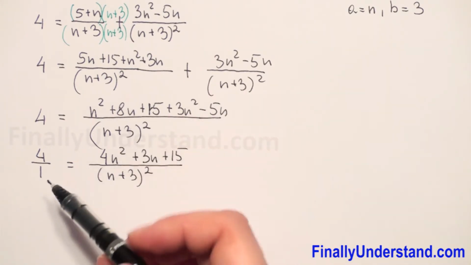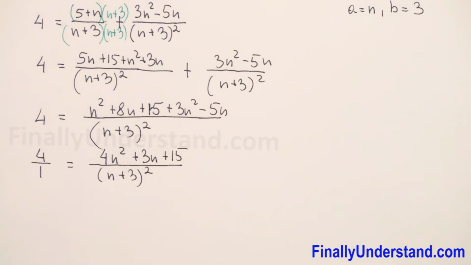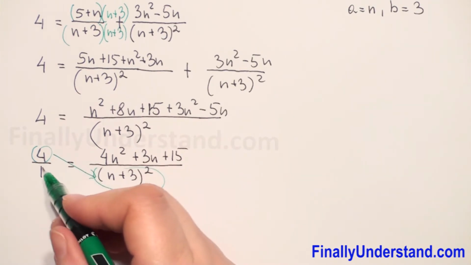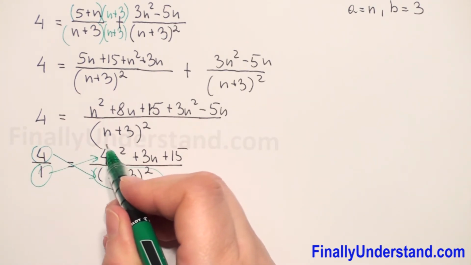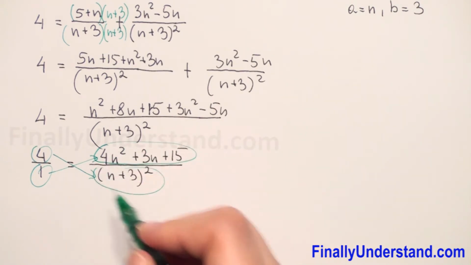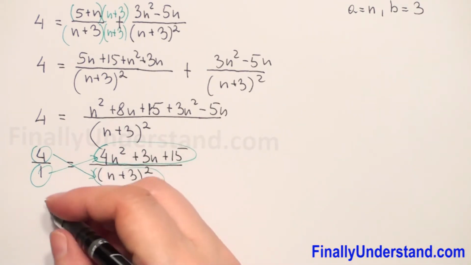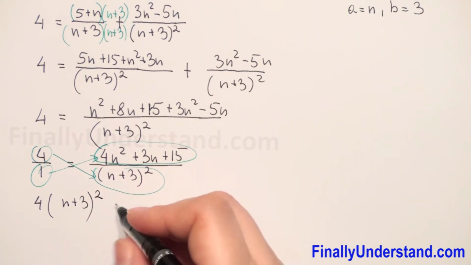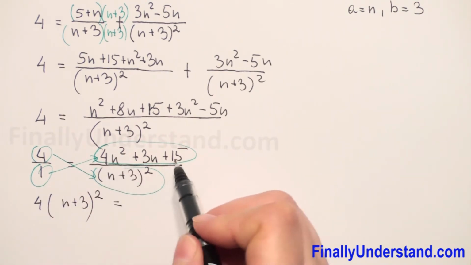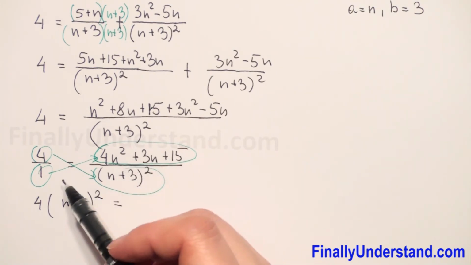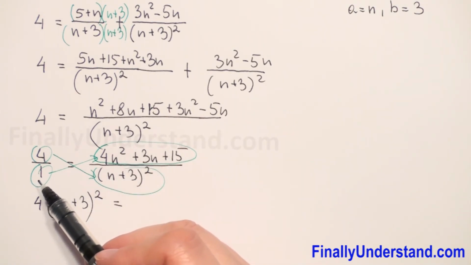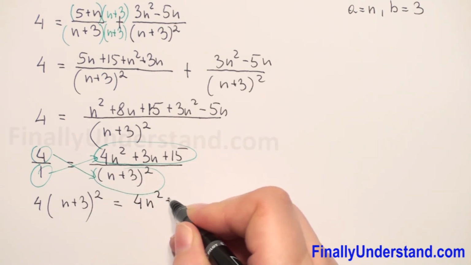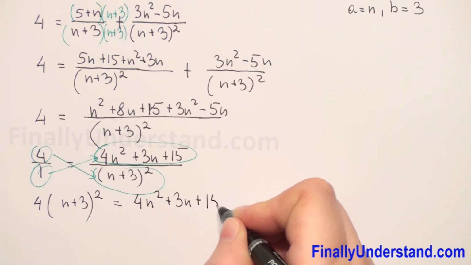Next we have a proportion. So what we will do, we will multiply numerator times the whole denominator, and denominator times the numerator. So we have 4 times n plus 3 to the second power is equal to 1 times this whole expression. We don't have to write 1, because when we multiply times 1 it doesn't change anything, so we have still 4n squared plus 3n plus 15.